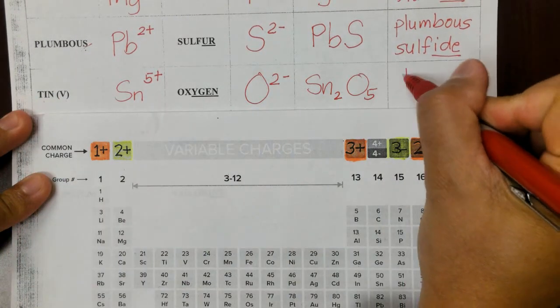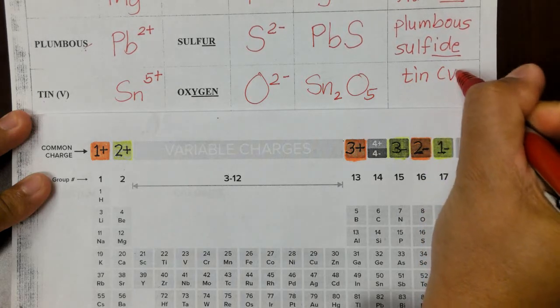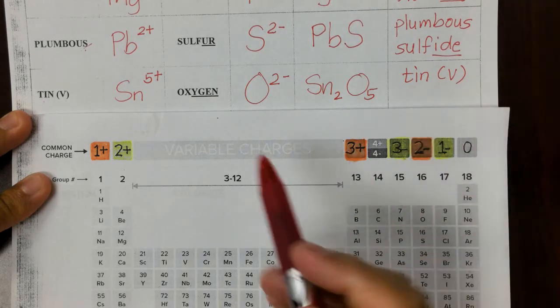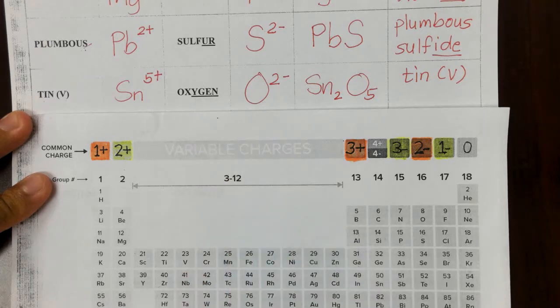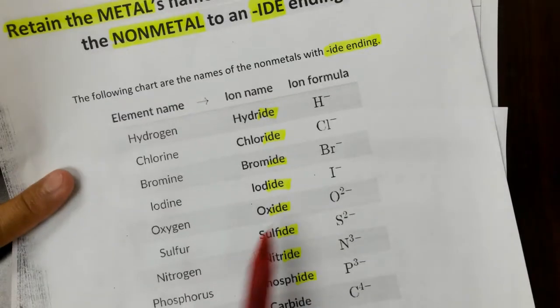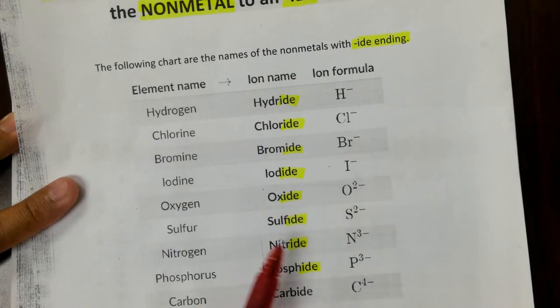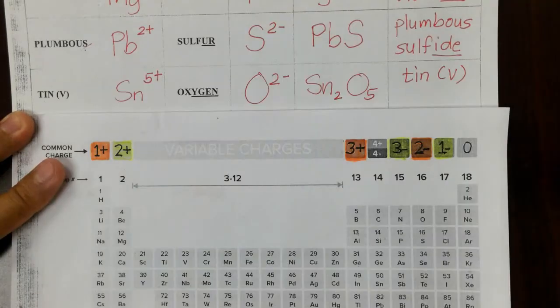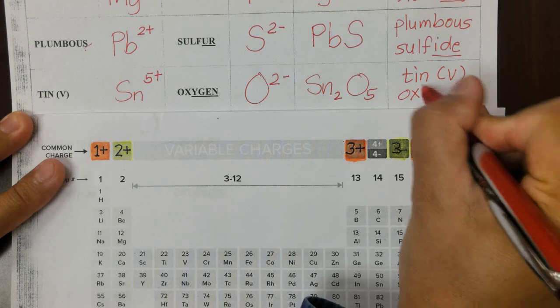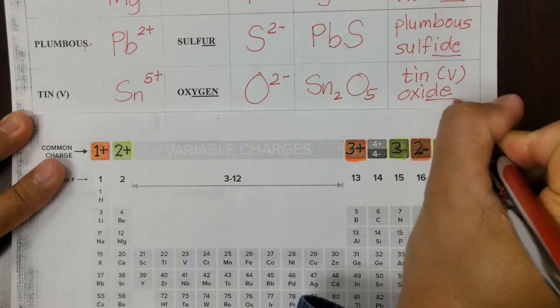So that's tin and then V. And then, of course, your oxygen will become oxide. So that will become oxide in here. IDE, oxide.